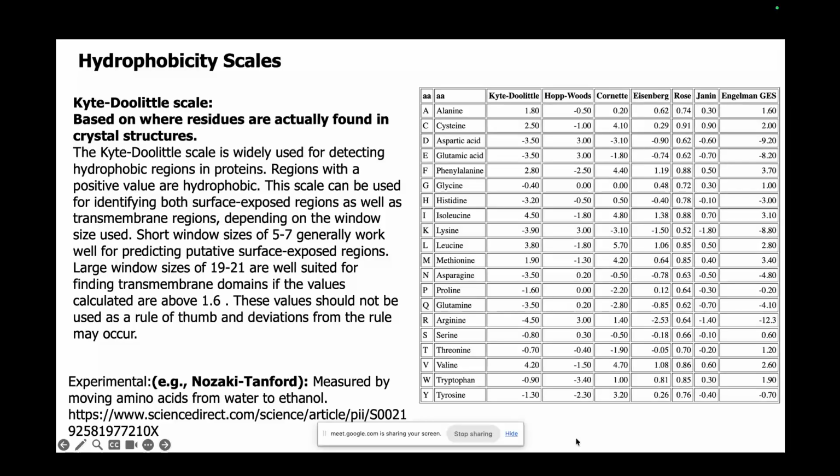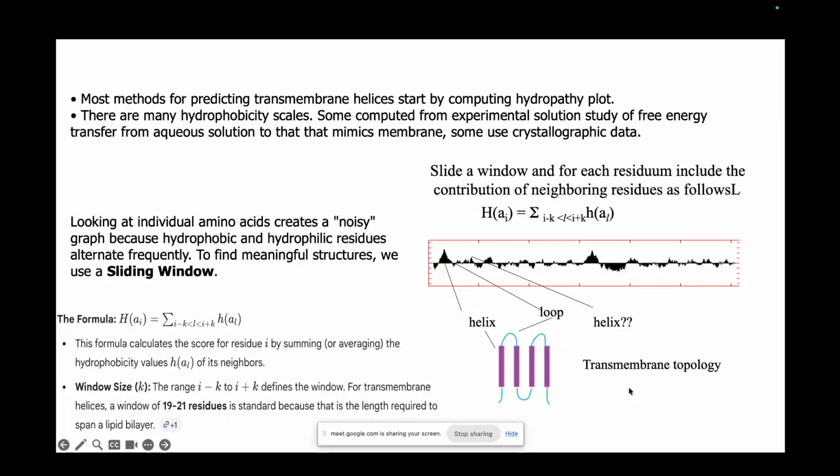Okay, so again, this is the explanation for the sliding window and hydropathy plot, with this set of values.